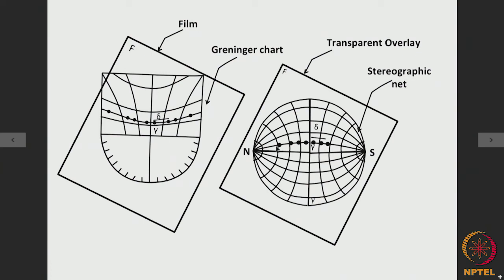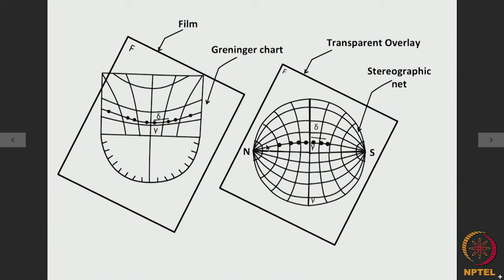So this dot here is the location of the plane normal for the plane which has given rise to this diffraction spot here, and so on.